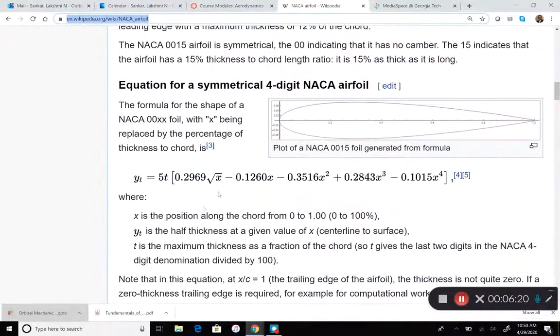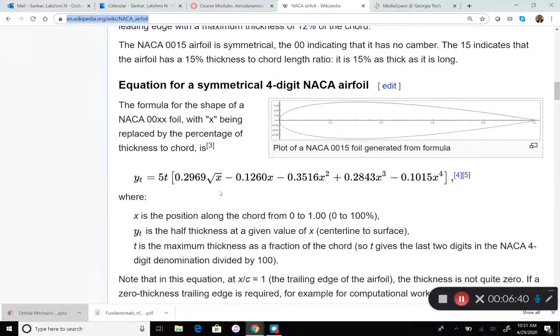There are some analytical curves that are available. For example, for a thick airfoil, once you know the thickness, which is the percentage, then you can define the Y value of the thickness of the airfoil using a curve such as this.